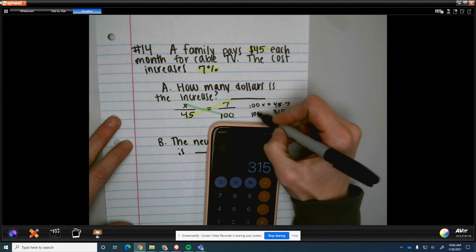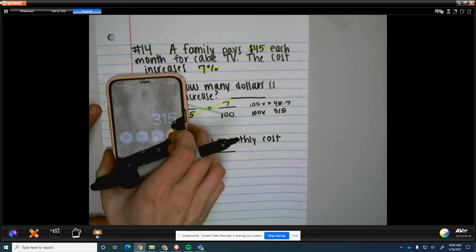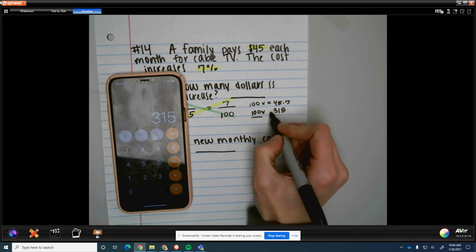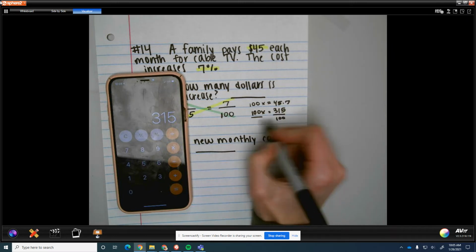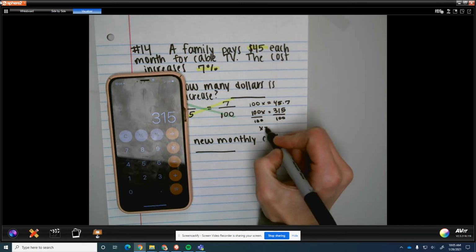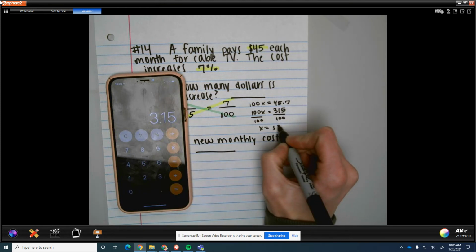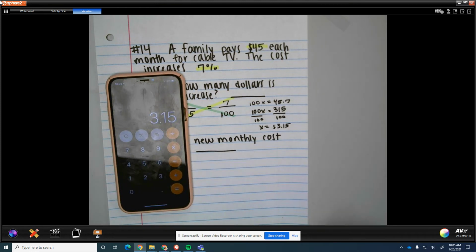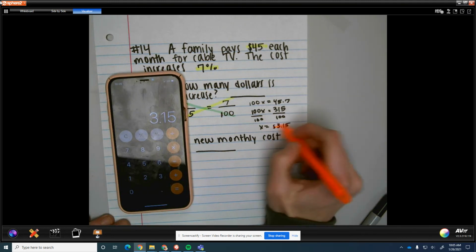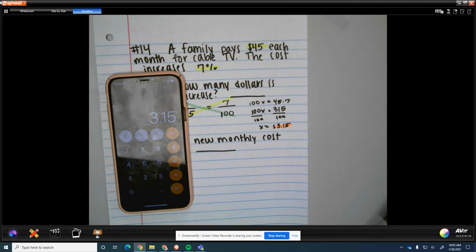I still have 100x. Now we know that we're going to divide both sides by 100 to get that x by itself, and I end up with x equals $3.15, okay? So that means that my cost will increase by $3.15 because I found 7% of 45.